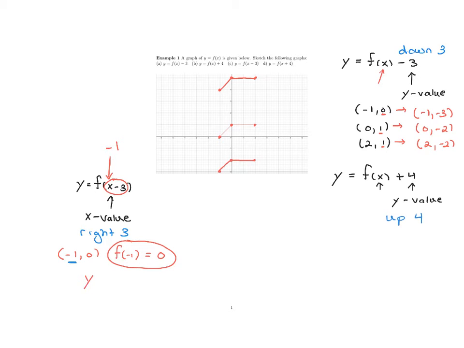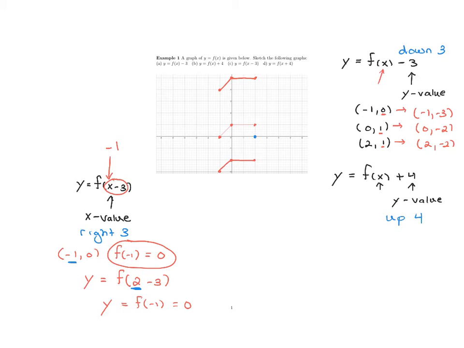And it's going to be y is equal to f of 2 minus 3, because when you simplify that, it becomes f of -1, which is 0. So that's how the x changes. It was -1, but now it's 2. So I'll draw that on here.